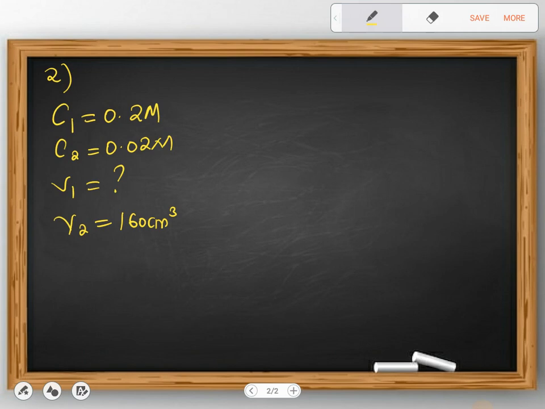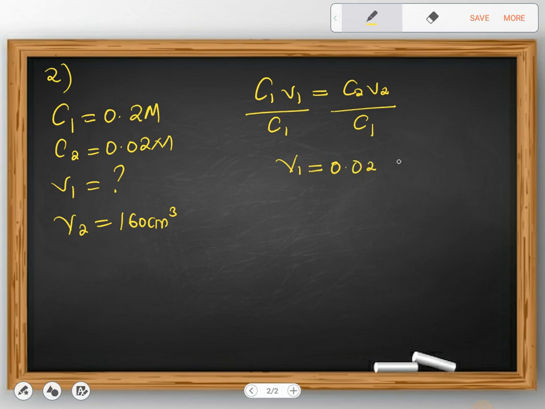When you gather data in any physics, biology or chemistry, it's really quite important that you gather the data in that manner. Then you can use our equation C1 V1 is equal to C2 V2. We're looking for V1, so we can divide by C1 on both sides, so that V1 is equal to C2, which is 0.02, times V2, which is 160, over C1, which is 0.2.